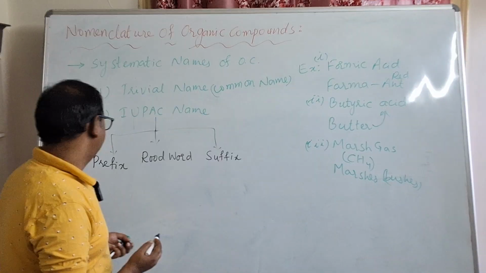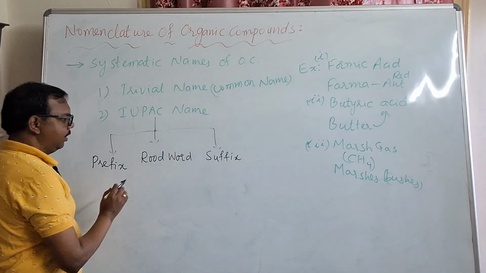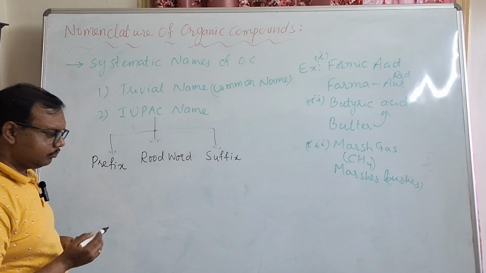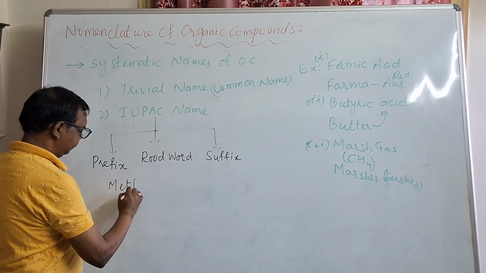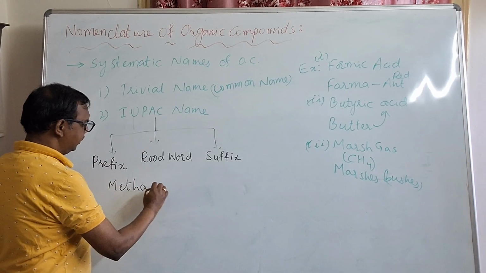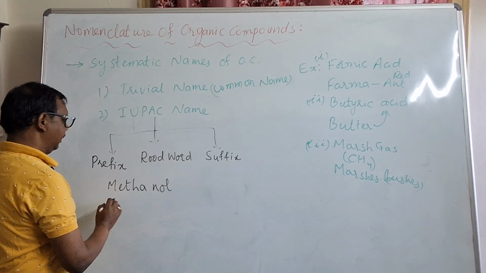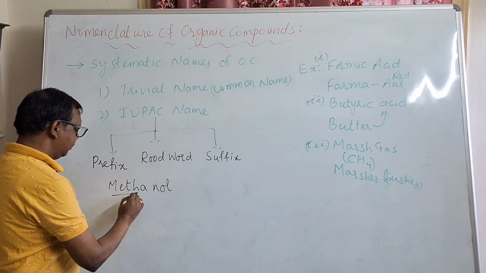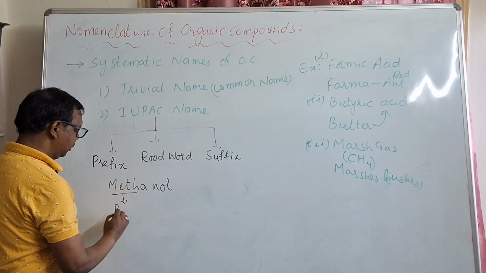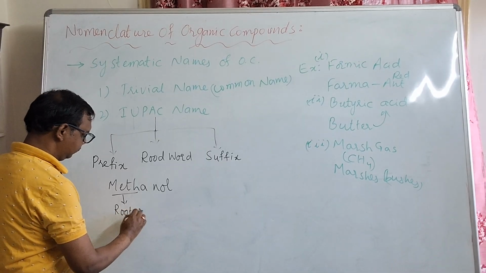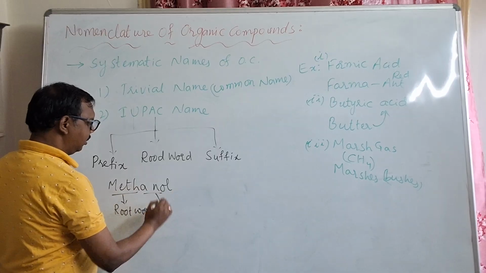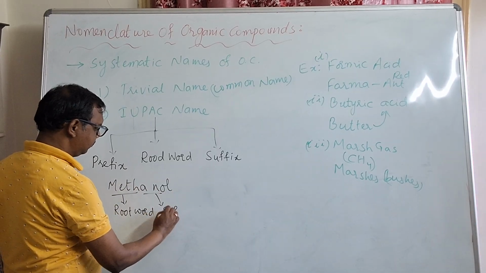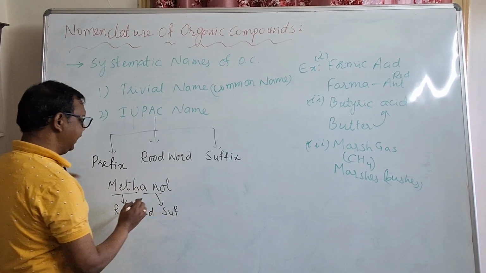We see how to write the name. For example, I am writing methanol. Here meth is the root word, then the suffix.